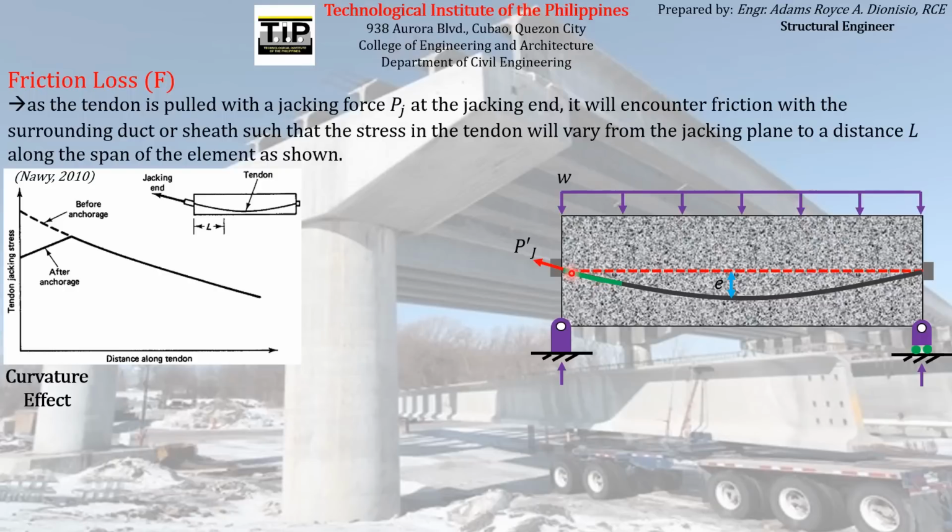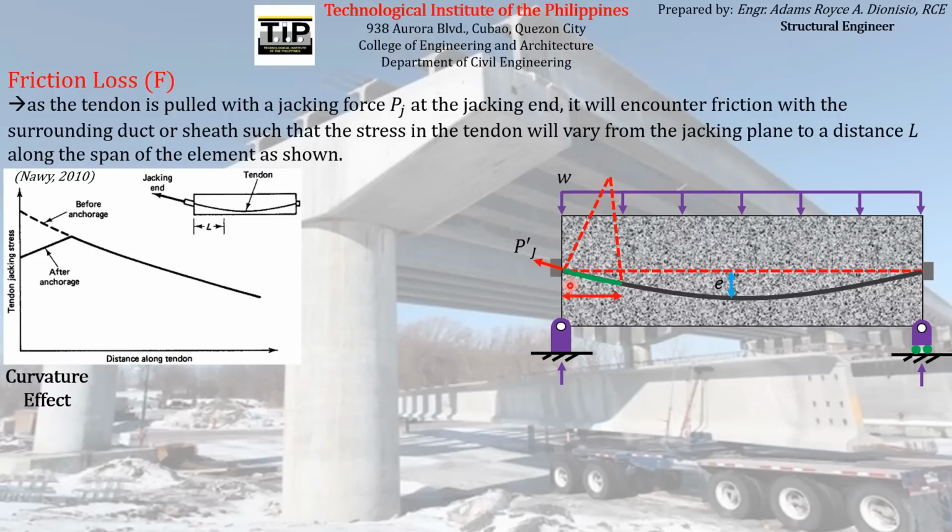Just imagine this is a very small length of the pre-stressing reinforcement, which is just an arc of a circle with a center somewhere here. Just imagine that this differential length is just an arc of a circle with a center located somewhere here.